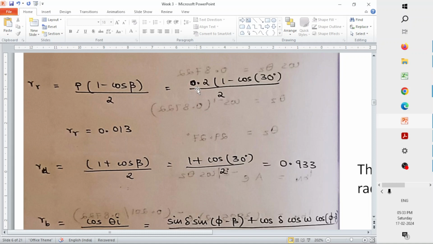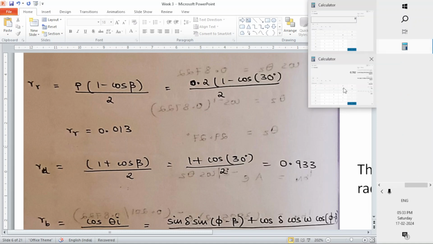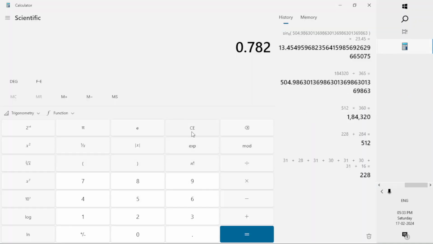Since we are installing this flat plate collector in Mumbai, we do not expect snowfall at any part of the year. So rho will be for an ordinary ground surface, that is 0.2 into (1 minus cos beta) divided by 2. Beta, as I said, is the slope of your flat plate collector from the horizontal surface, that is 30 degrees.